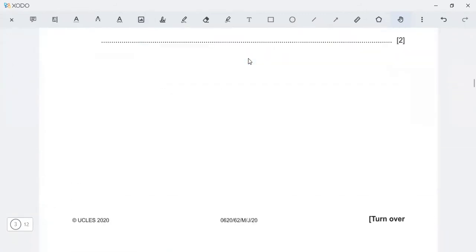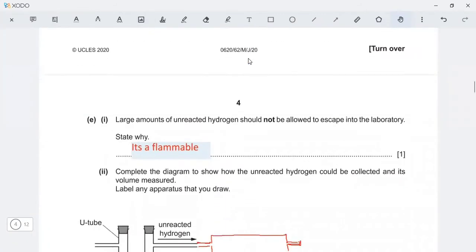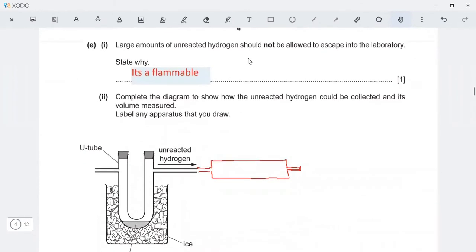Now the next question, first bit. A large amount of unreacted hydrogen should not be allowed to escape into the laboratory. State why. Because hydrogen can be used as a fuel.